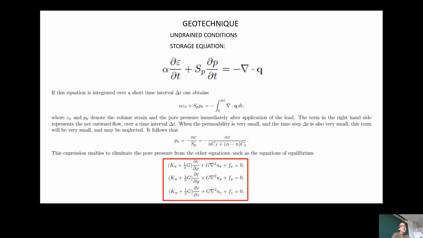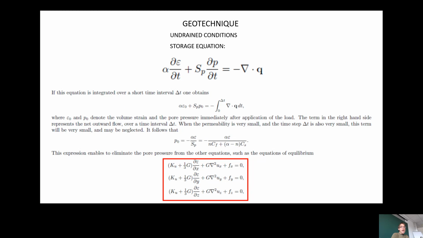While the term on the right-hand side represents the outward flux over the time interval delta t. When the permeability is very small, the time step delta t is also very small. This term will be very small and may be neglected.